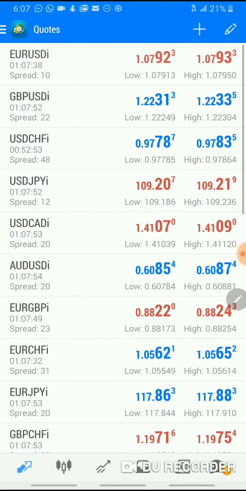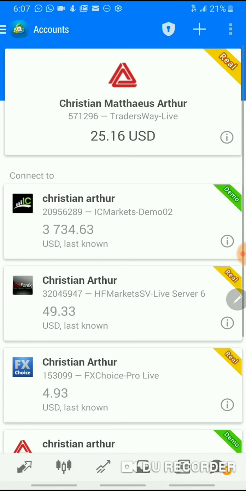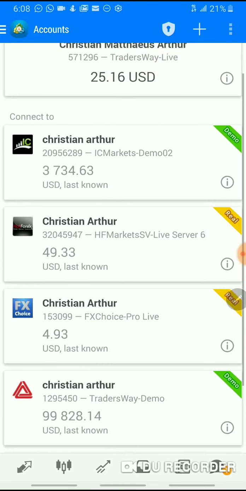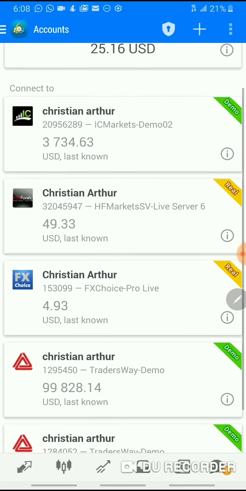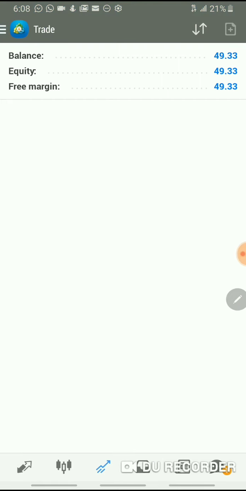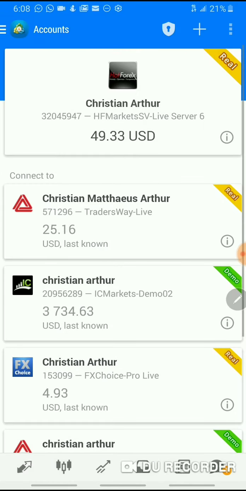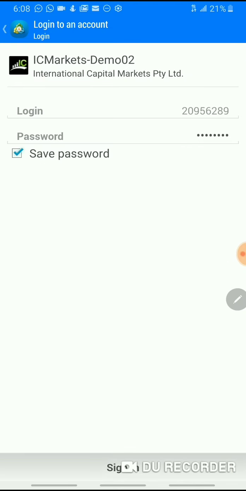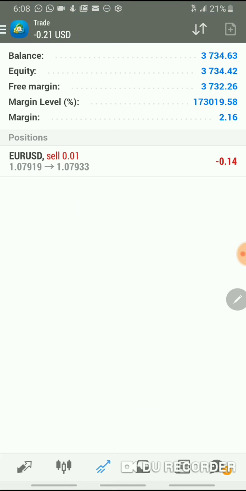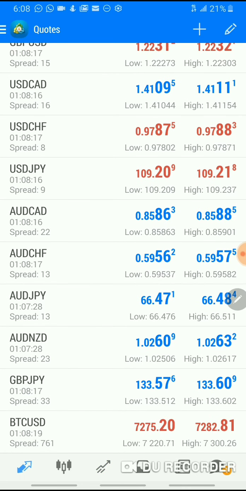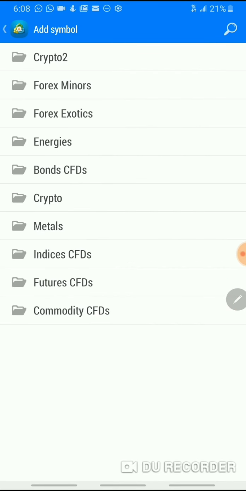And something that I'm going to touch on, I'm going to show you a little more in depth about the spread. Let me use IC Markets demo.